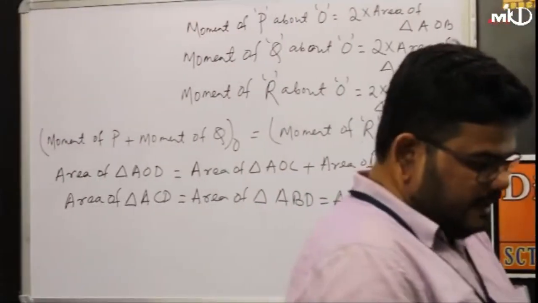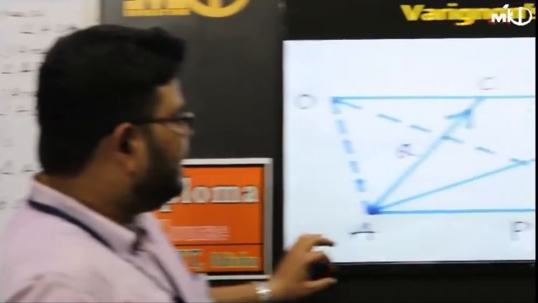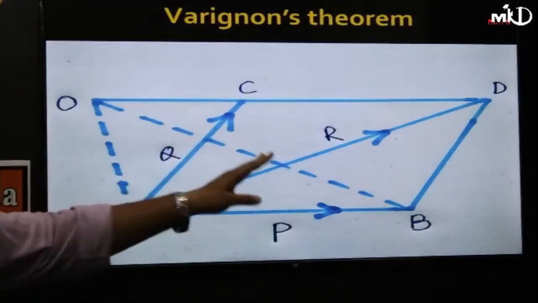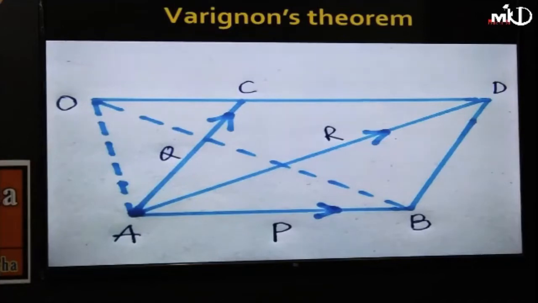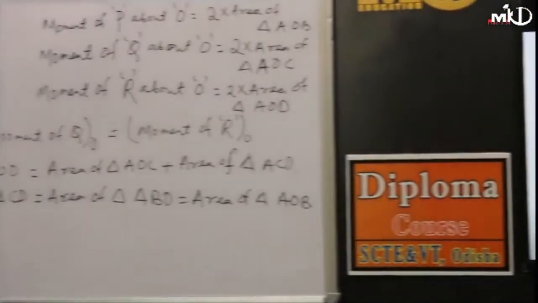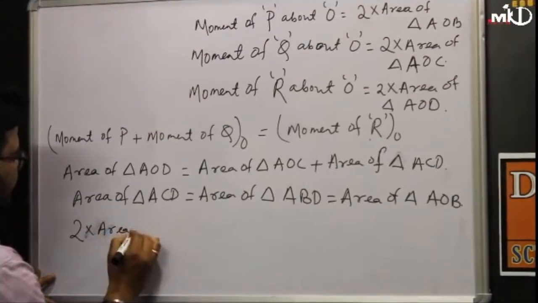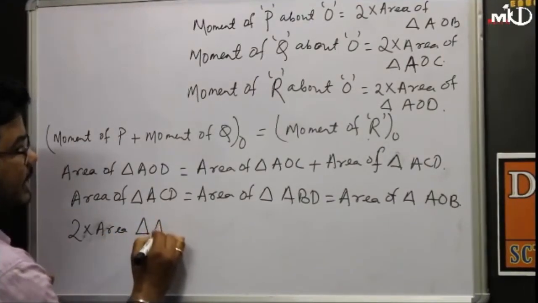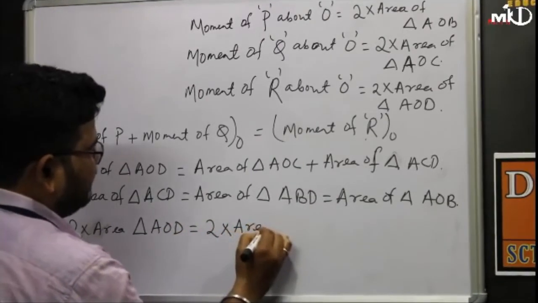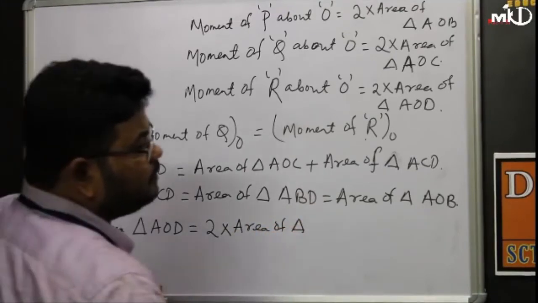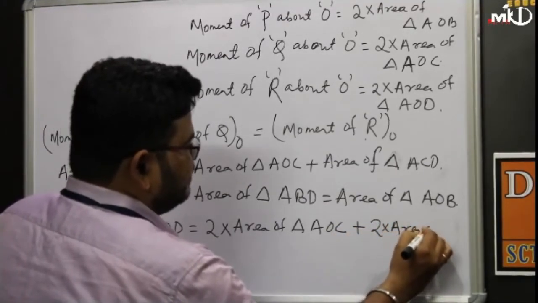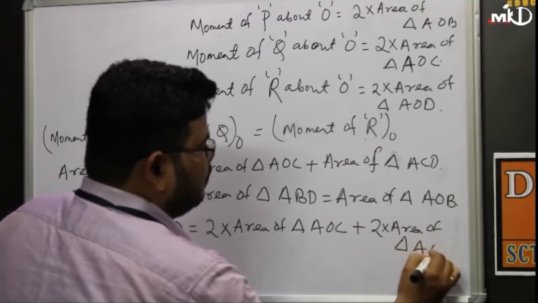Now AOD represents the moment of the resultant R. So we can see that twice the area of triangle AOD is equal to twice the area of triangle AOC plus twice the area of triangle AOB.